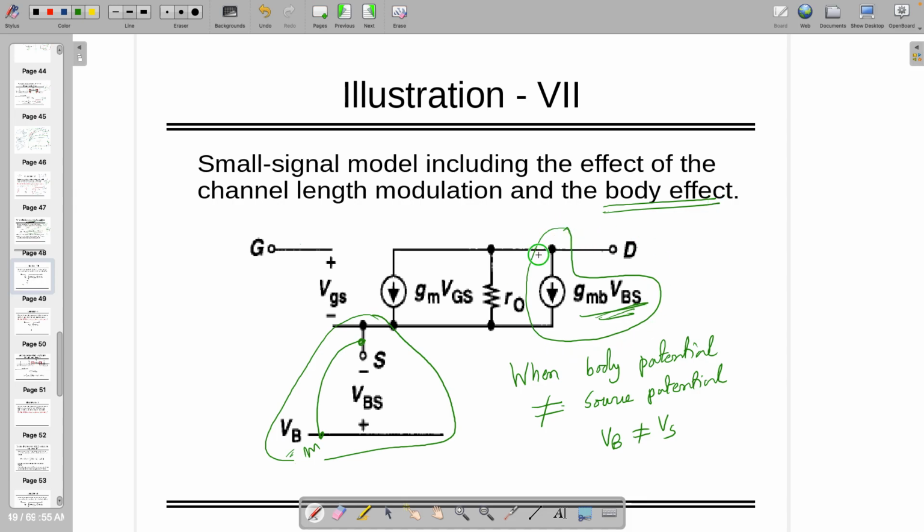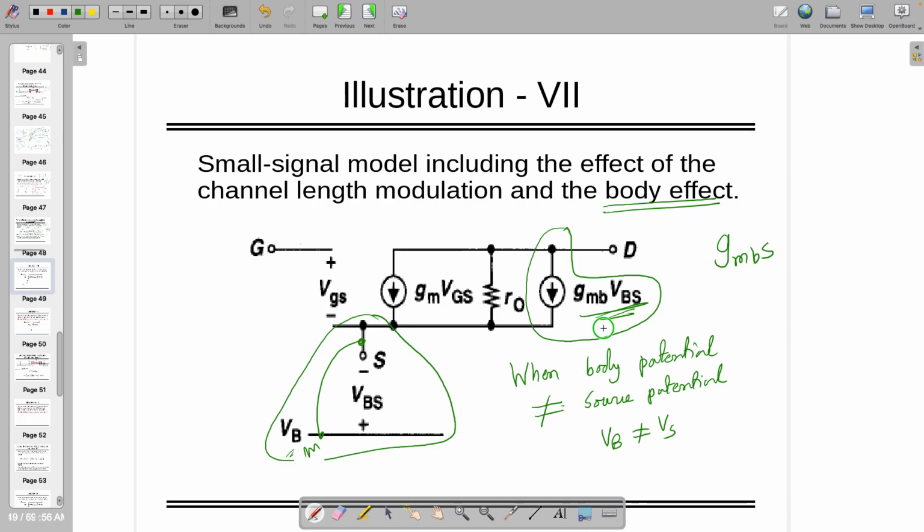You don't have to consider this gmb times VBS. By the way, gmb is another transconductance offered from the body. That's why we made this one gmb. Some books like gmbs, body and source together. So any of the notations are again the same. Different books follow different notation. Our book Razavi is following gmb.